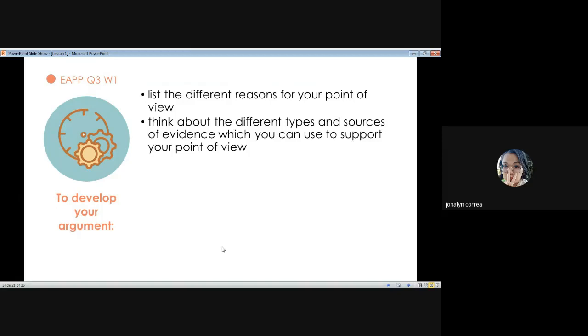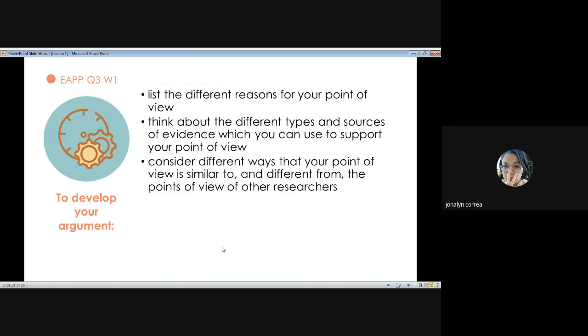Then next, think about the different types of sources and evidence which you can use to support your point of view. So what are your evidences in supporting that? The next, consider different ways that your point of view is similar to and different from the points of view of other researchers.